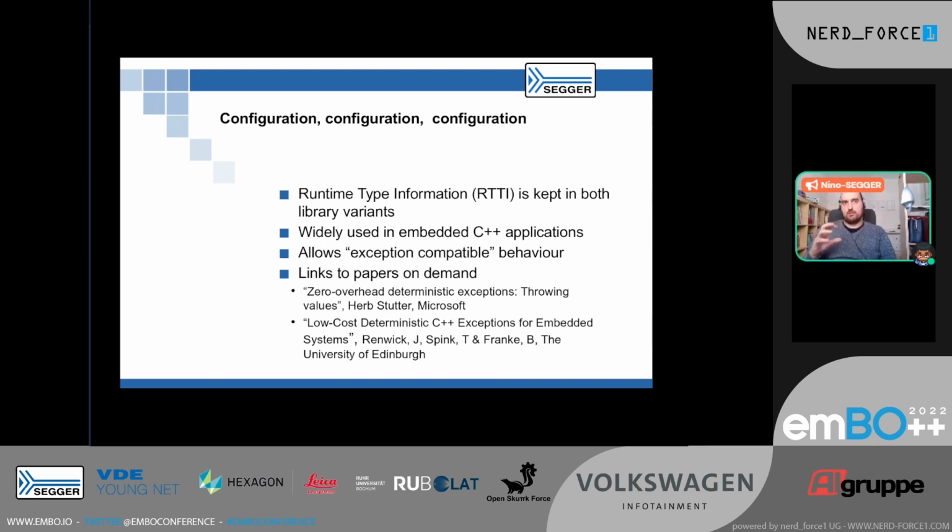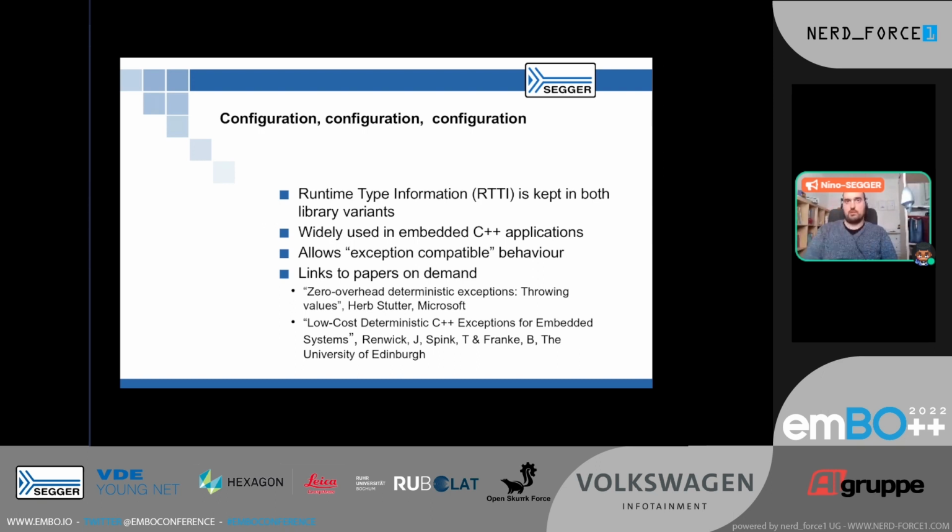It is explained more technically and in detail in the papers I'm referencing here: the zero-overhead deterministic exception throwing values from Herb Sutter from Microsoft, and the low-cost deterministic C++ exceptions for embedded systems from J. Renwick et al. from the University of Edinburgh. I hope I said Edinburgh right, so none of our Scottish friends are offended. If you need links to these papers, I can provide them on demand, but you can simply Google for these terms and they should pop up.